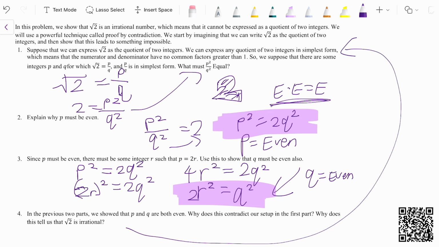A number cannot be in simplest form and not in simplest form, which means that the setup that they assumed in the beginning, so if they suppose that there were integers p and q for which the square root of 2 is equivalent to p over q, and p over q is in simplest form, their starting setup slash supposing slash assumption is incorrect, which means that the square root of 2 is irrational because it cannot be written as two integers over each other that is in simplest form, which all rational numbers can do.